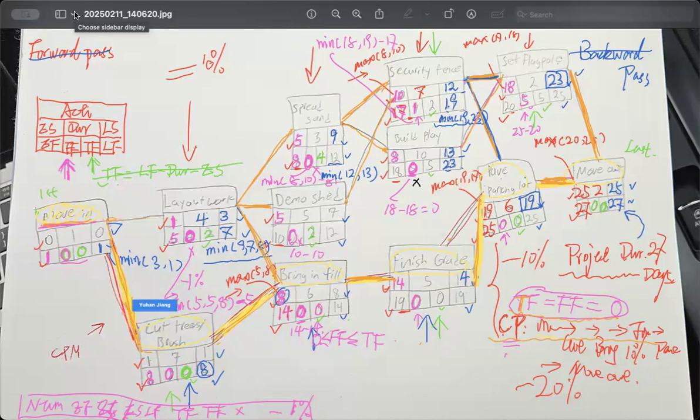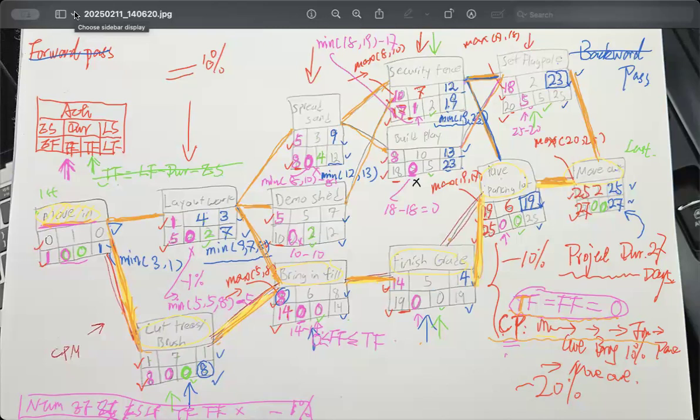But if you're starting from move in, and you do the layout, and from the layout go to bring in fill, that part I'm using a green color here to show the difference.